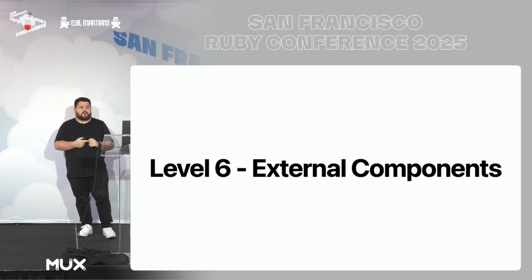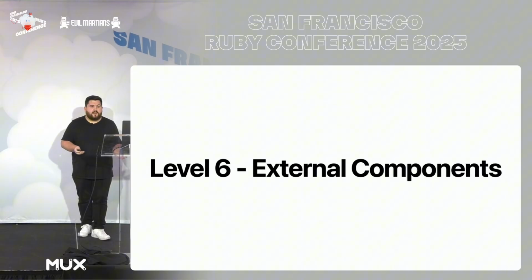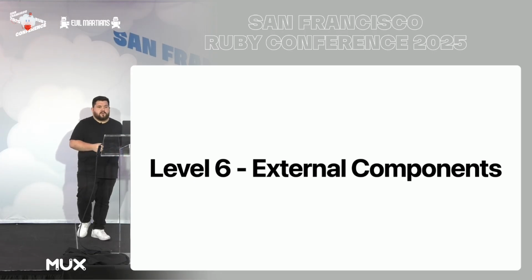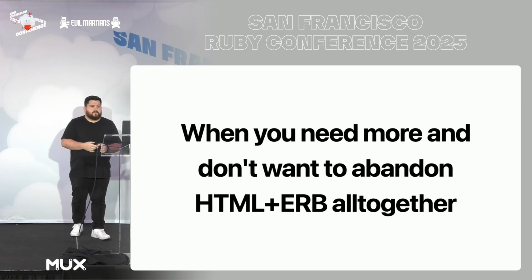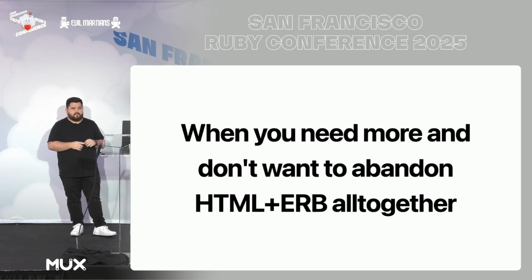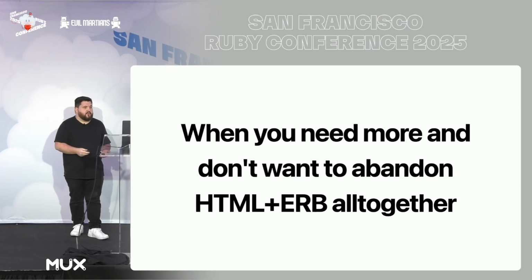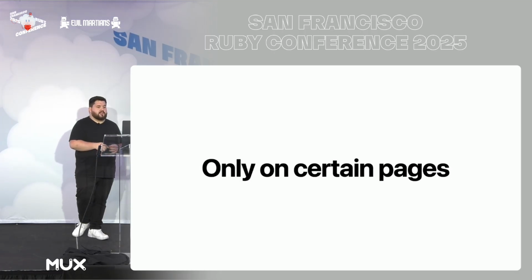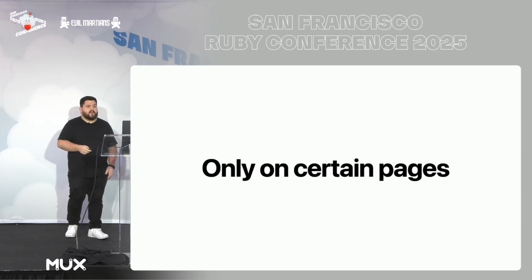And the final one would be to say we have external components, so you can use React or Vue components right in your ERB views as they just work. This means that you don't have to abandon the HTML ERB or the ReActionView approach altogether, but you can say on certain pages, I want to use this more advanced thing.